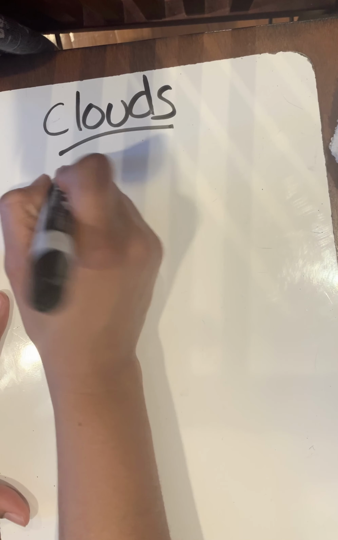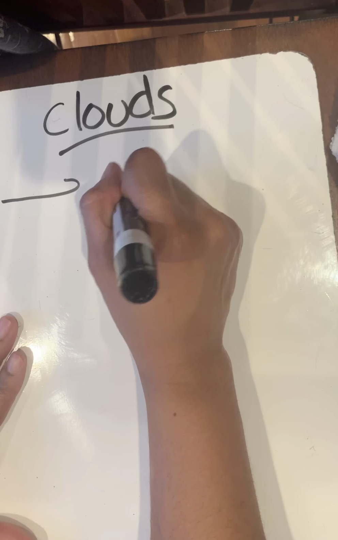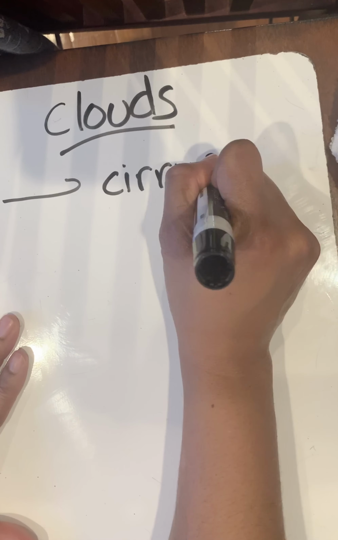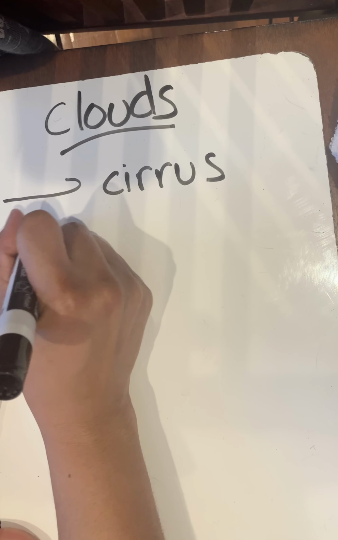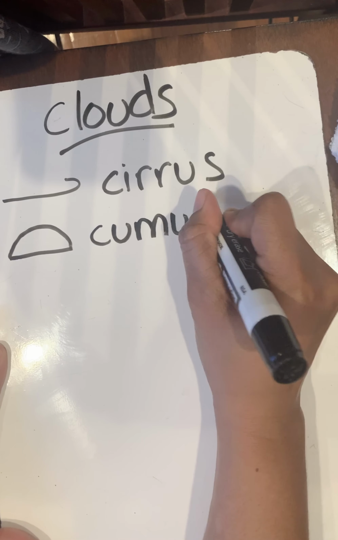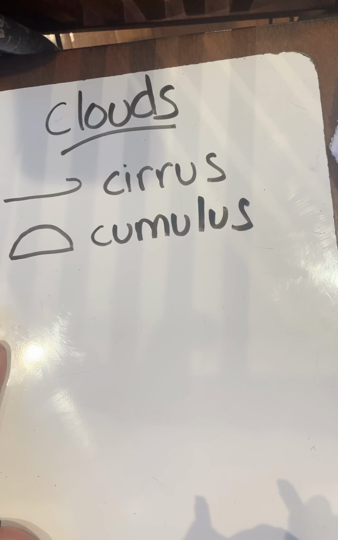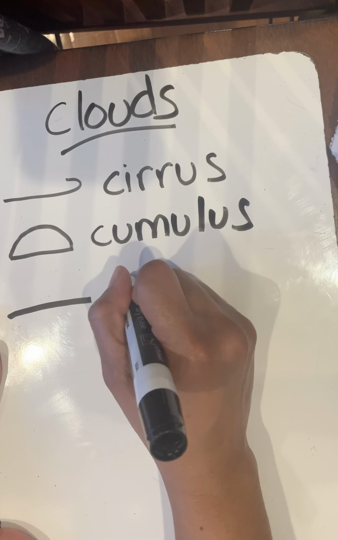So this light cloud, ice crystals, this is our cirrus cloud. Flat bottom, puffy top, that's our cumulus cloud. Cloud that blankets the sky, that's our stratus cloud.